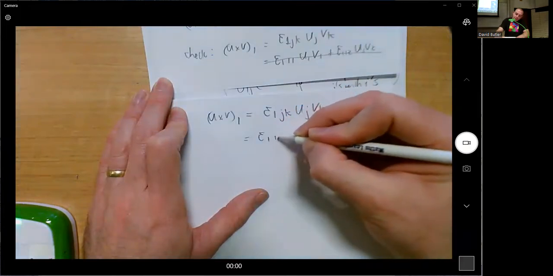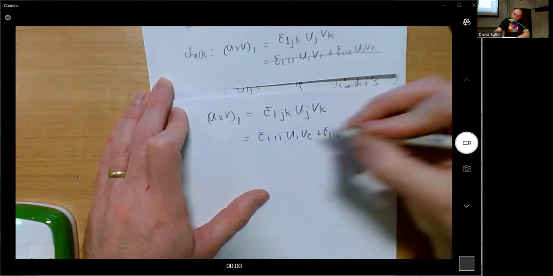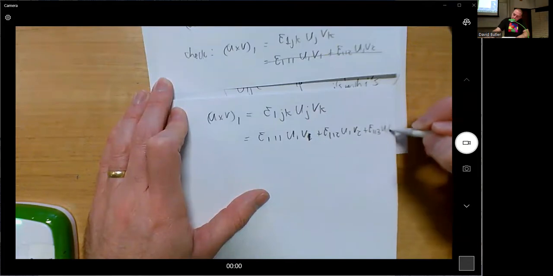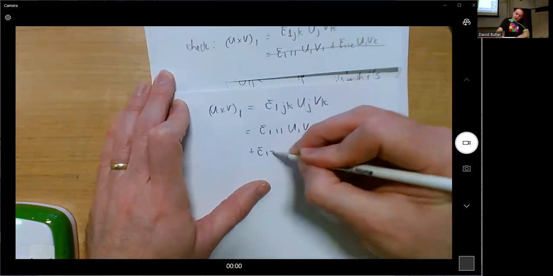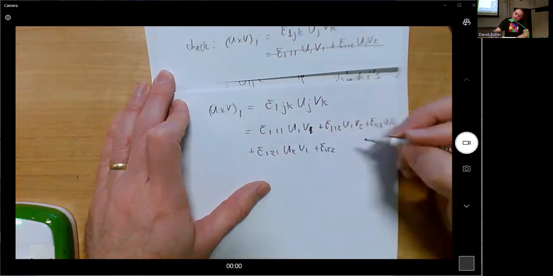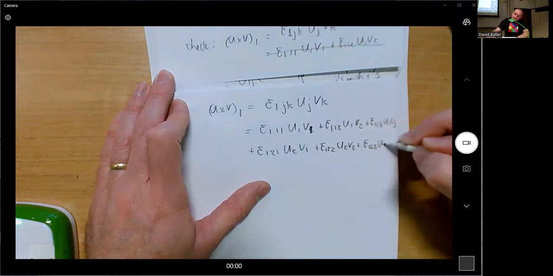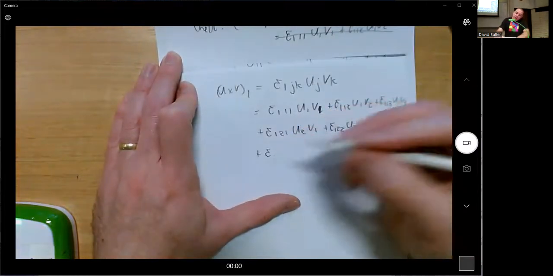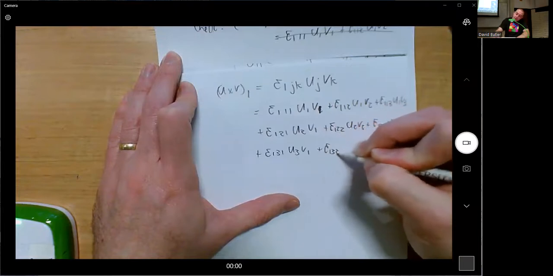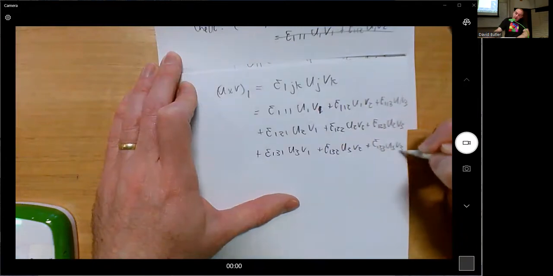So epsilon 1, 1, 1, u1, v1, and epsilon 1, 1, 2, u1, v2, and epsilon 1, 1, 3, u1, v3, and epsilon 1, 2, 1, u2, v1, and epsilon 1, 2, 2, u2, v2, and epsilon 1, 2, 3, u2, v3, and epsilon 1, 3, 1, u3, v1, and epsilon 1, 3, 2, u3, v2, and epsilon 1, 3, 3, u3, v3.